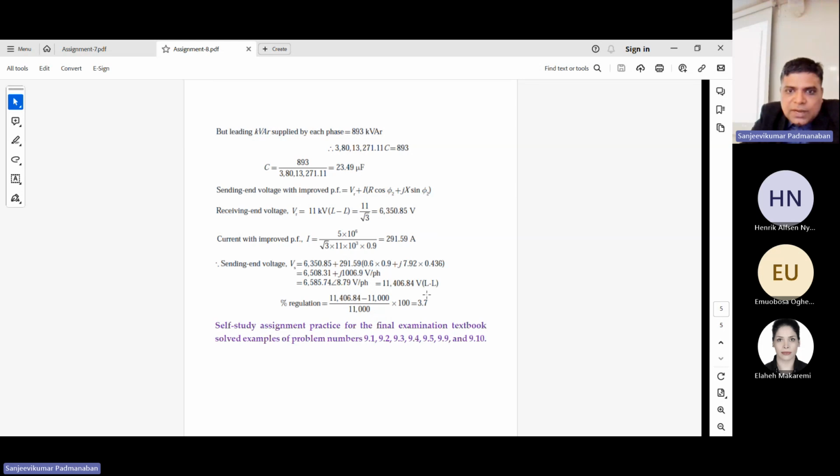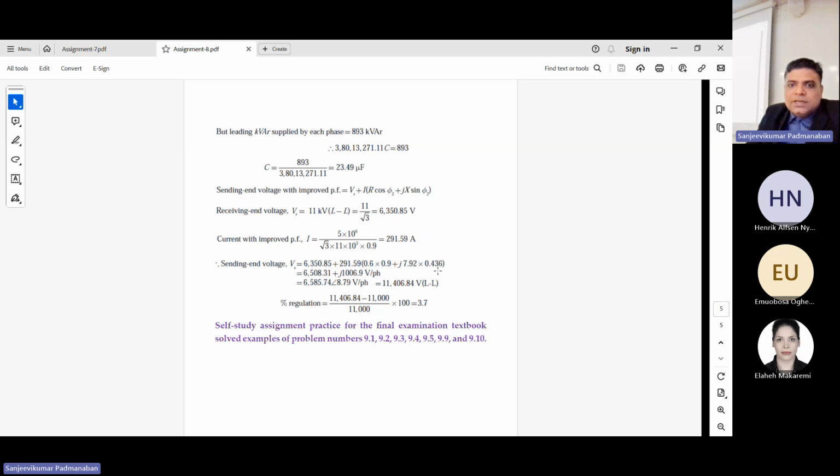Then you can land up with this value. Did you understand what I'm saying? Cos phi 1 is 0.7, cos phi 2 is 0.9, so you need to calculate phi 2. Are you getting the same answer?